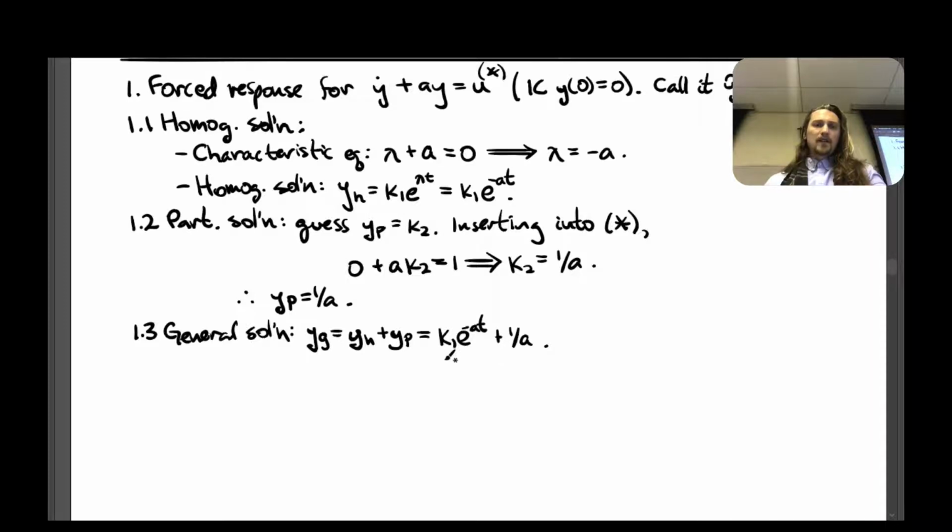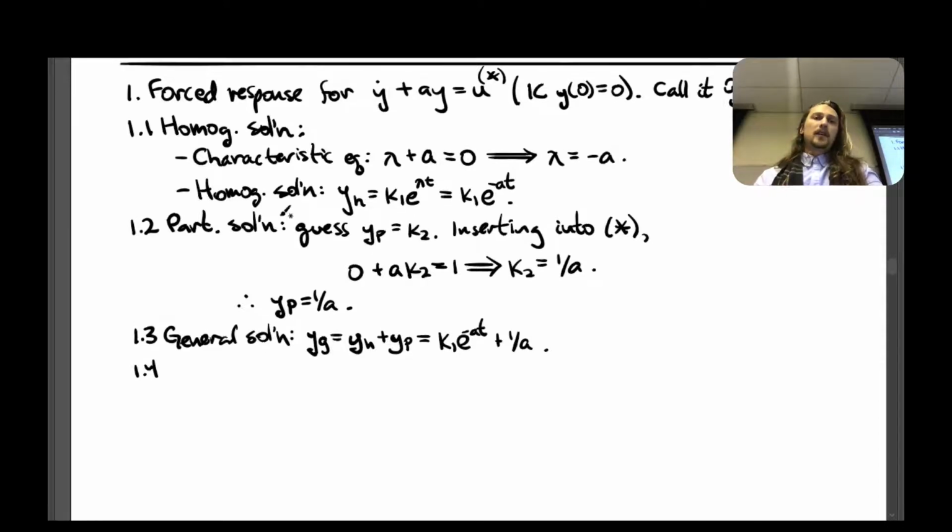So this is our general solution. For the forced response that we're looking for, we need to apply the 0 initial condition to find it. So we have to apply that to the general solution to determine what k1 is, and so we will say specific solution. What we do at this point is say our initial condition is 0.